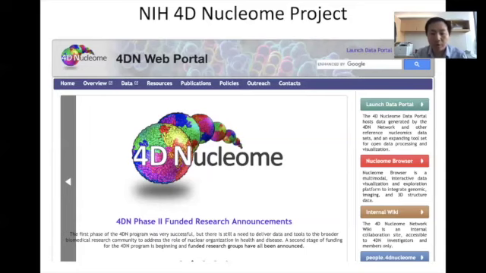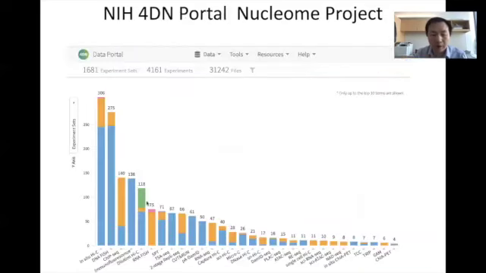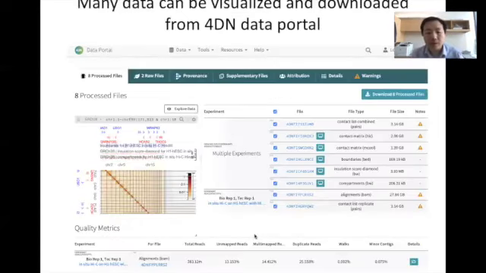So again, the 4DN has processed a lot of data. Many data sets are deposited to the data portal. They also have processed a lot of Hi-C, RNA-FISH, and TSA-seq data sets, right? You can go to the 4DN portal. If you just search 4DN portal, you can see the data. All the data you can download.